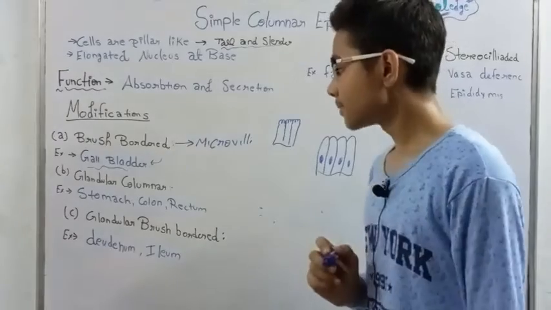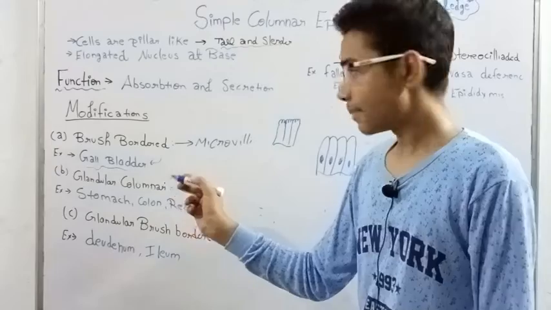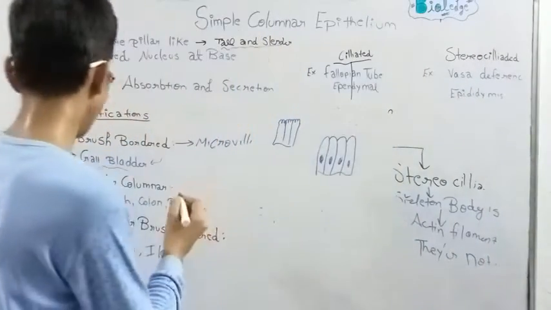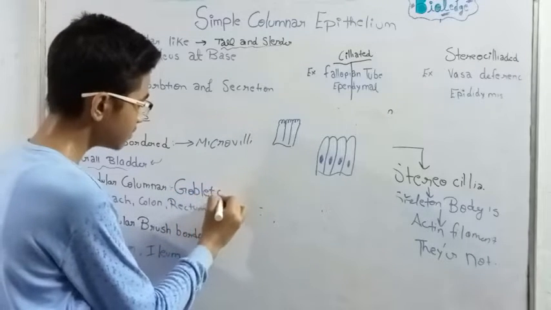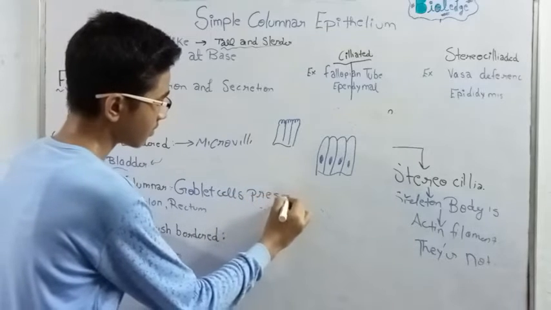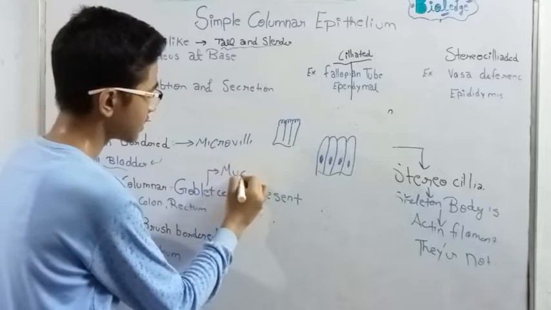In this type of epithelium, the simple columnar epithelium, there is basically a presence of goblet cells. Goblet cells are mucus producing cells.